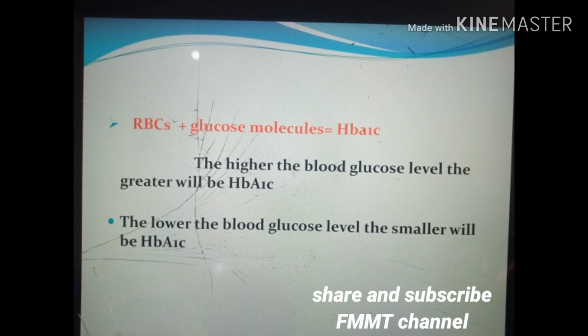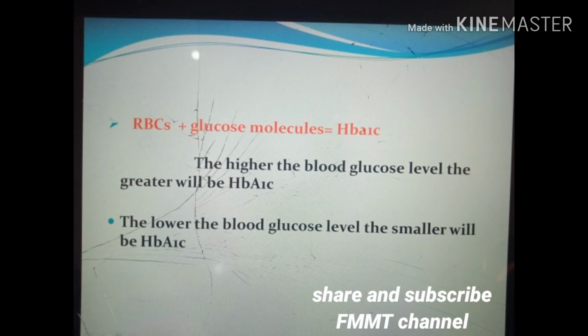As I told you some time before, HbA1c is formed as the result of interaction between red blood cells and glucose molecules. So here you can see red blood cells plus glucose molecule is equal to HbA1c. So dear students, what do you get from this?